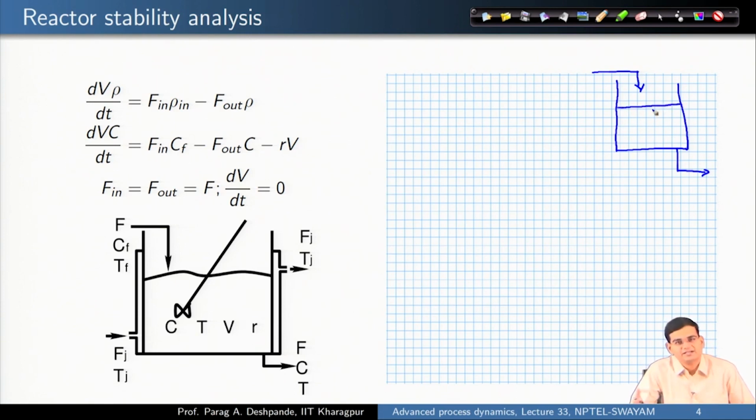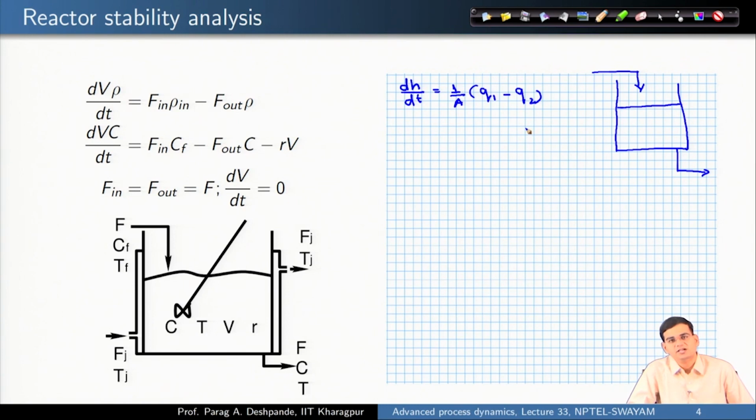This is the classic example of a liquid level system which we have been studying right from the first day. Remember our equation that there used to be d h by dt is equal to 1 over A (q 1 minus q 2), right.